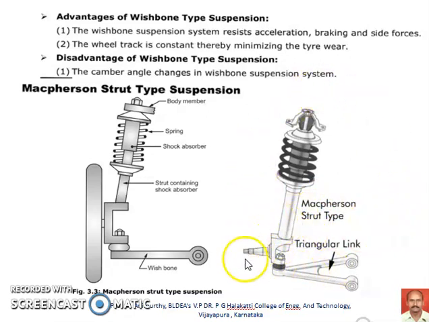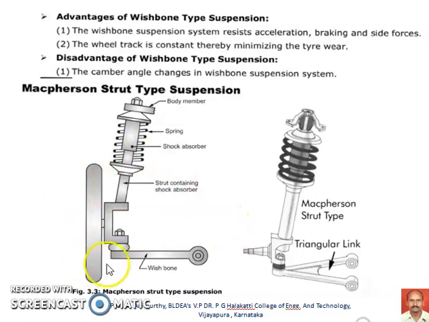The basic elements of this MacPherson strut type suspension system are a triangular link, which is similar to the lower wishbone of the earlier wishbone type suspension system, and the strut or shock absorber, which is mounted above the stub axle. Using the stub axle, we mount the wheel at the left. A similar arrangement is provided at the right side also.